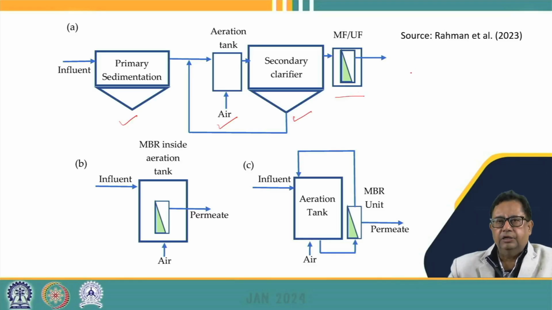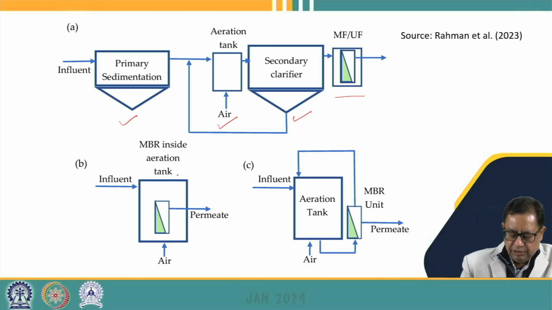This will enhance the effluent quality in such cases. So we always use microfiltration or ultrafiltration for wastewater treatment processes, right? Because nanofiltration and the RO process will clog very fast, and it will be very inefficient to use nanofiltration and reverse osmosis for such type of systems.